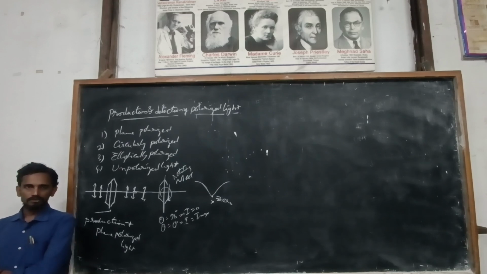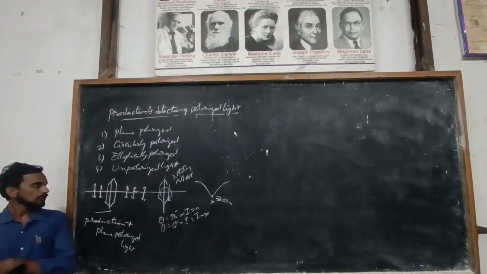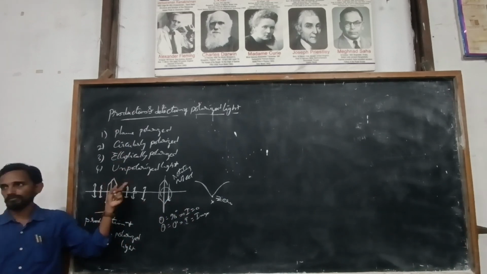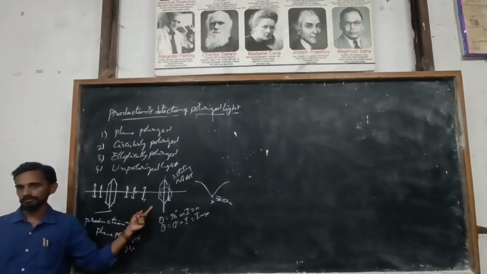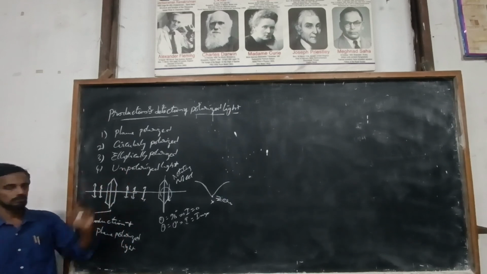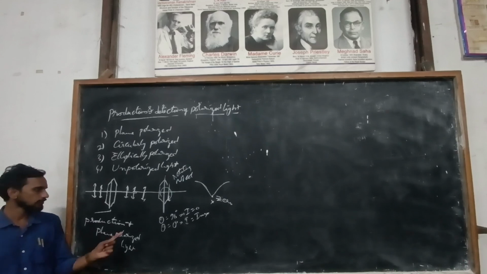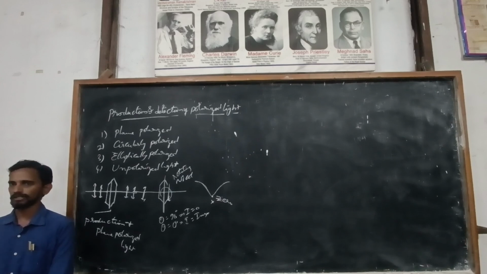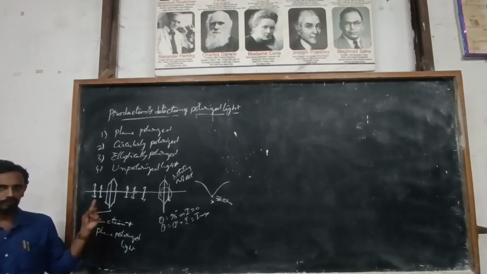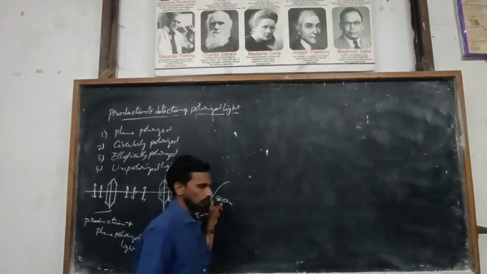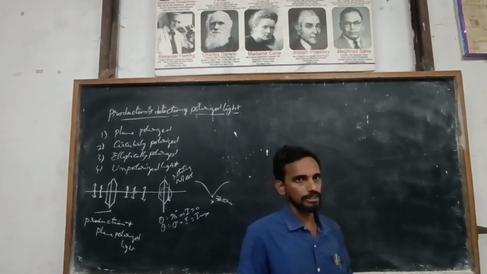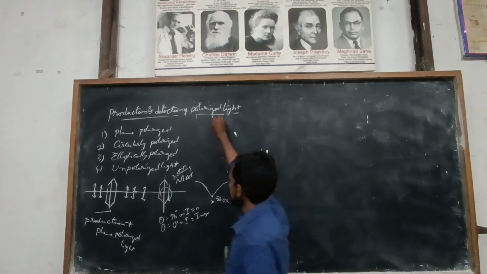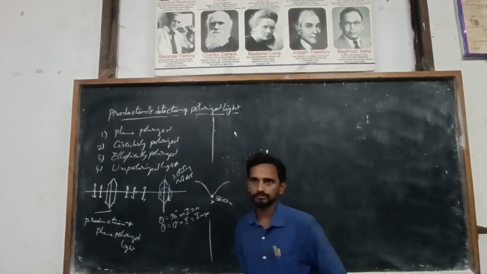Otherwise, if it is not 0, the incoming light may be unpolarized light, circularly polarized or elliptically polarized light. So we can identify plane polarized light when it is passed through a rotating Nicol. If you observe a 0 in the intensity at any point, it is plane polarized light. For other lights, the minimum may not be 0.